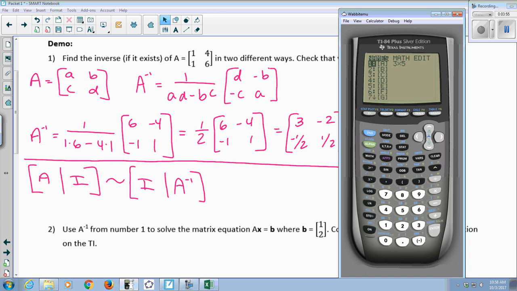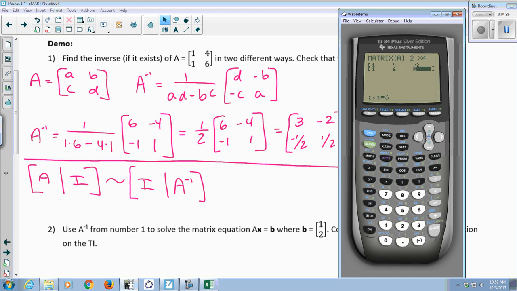So I'll go into matrix. A is a 2 by 2, which means when I augment with the identity matrix, that's also going to be a 2 by 2. So it's going to be 2 by 4. Here in the first 2 columns of my 2 by 4, I'm going to put A. So I have 1, 4, 1, 6.